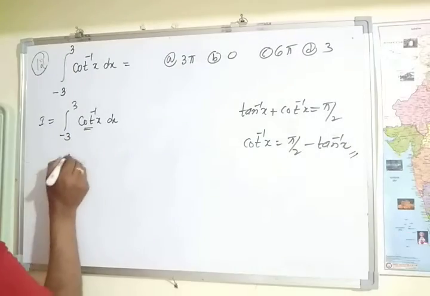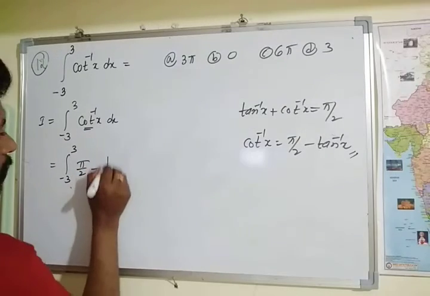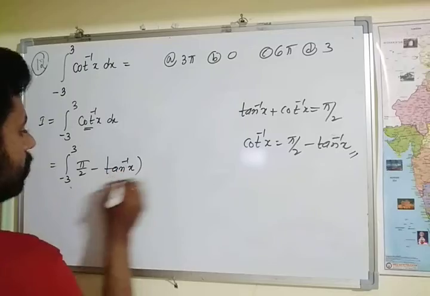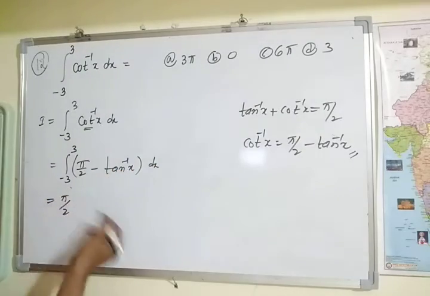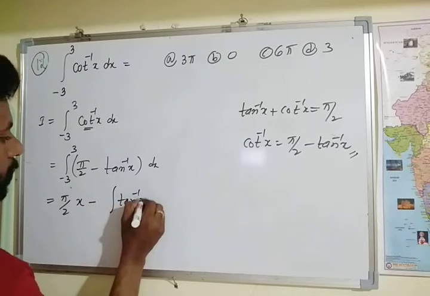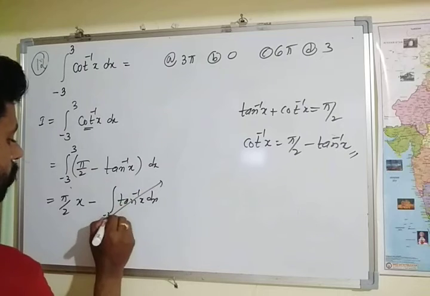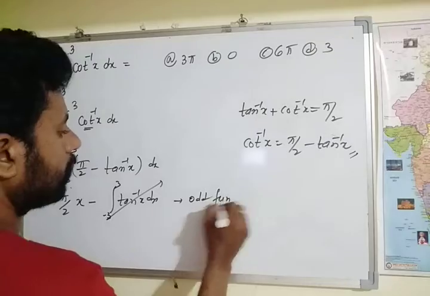See, the integral of minus 3 to 3 of pi by 2 minus tan inverse of x dx. Now pi by 2 times the integral of 1 dx gives x, minus the integral of tan inverse x, which is 0 from minus 3 to 3 because it is an odd function. The integral of an odd function is 0.